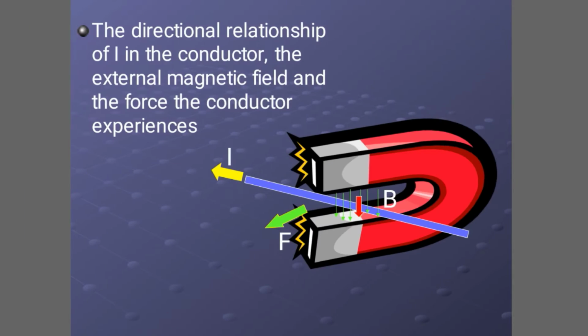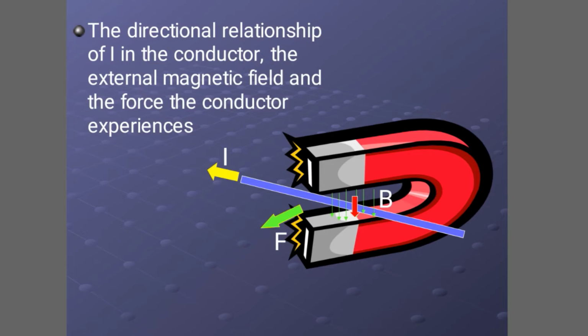Then go to another slide. The directional relationship of the current in the conductor, the external magnetic field and the force the conductor experiences. Let's take a magnet with north and south poles.